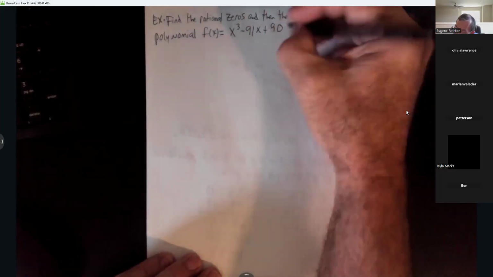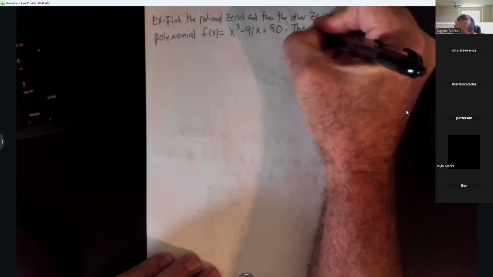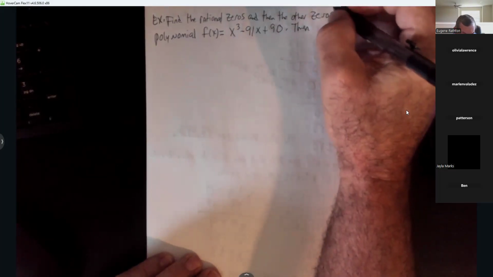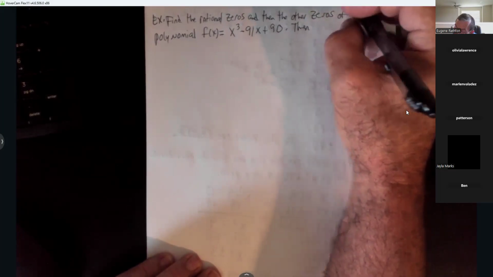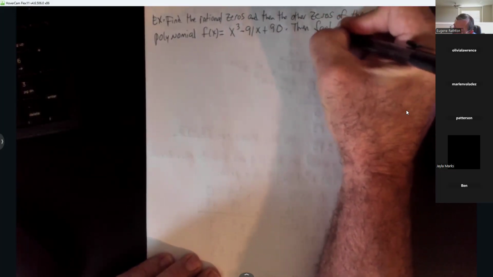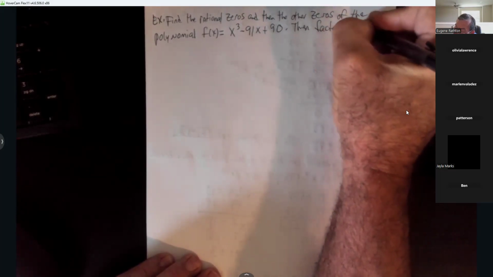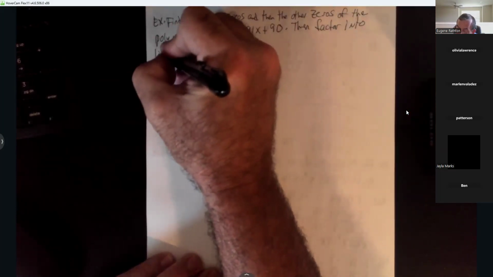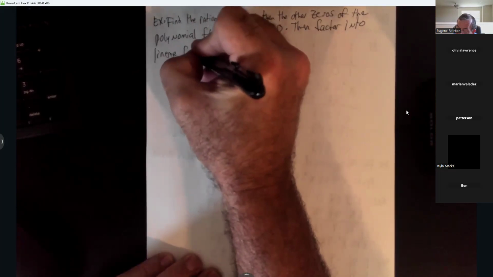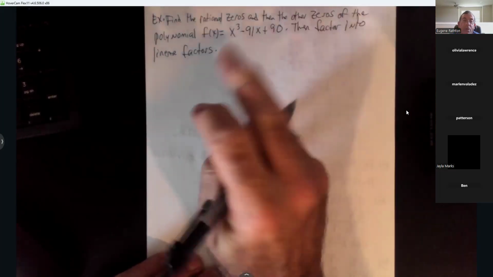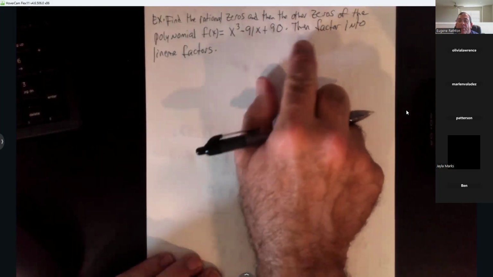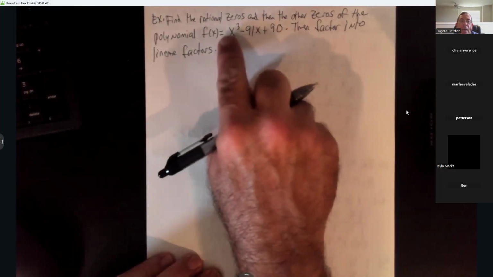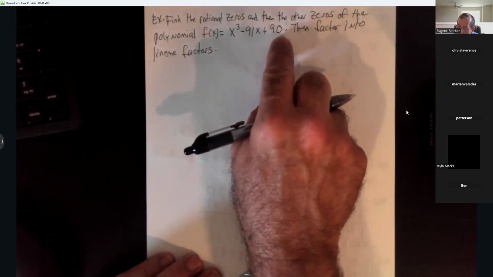So that'd be part A. And then they want me to factor into linear factors. So that means just put them in parentheses. But I'll show you how to do that. So part A, we got to find the zeros.